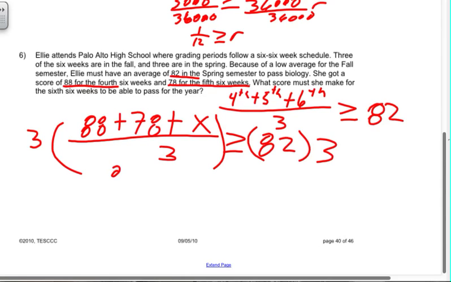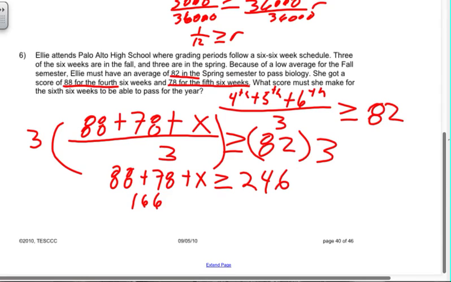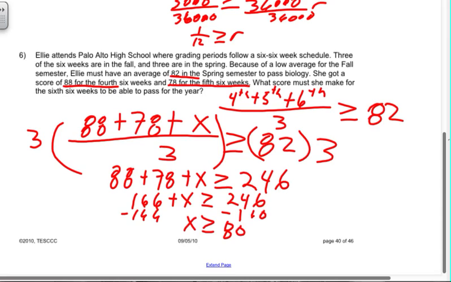So now I'm going to end up with 88 plus 78 plus x greater than or equal to 246. 88 plus 78 is 166, plus x is greater than or equal to 246. And I subtract 166. So she knows her grade has to be greater than or equal to an 80 on the 6th 6 weeks in order to pass biology.